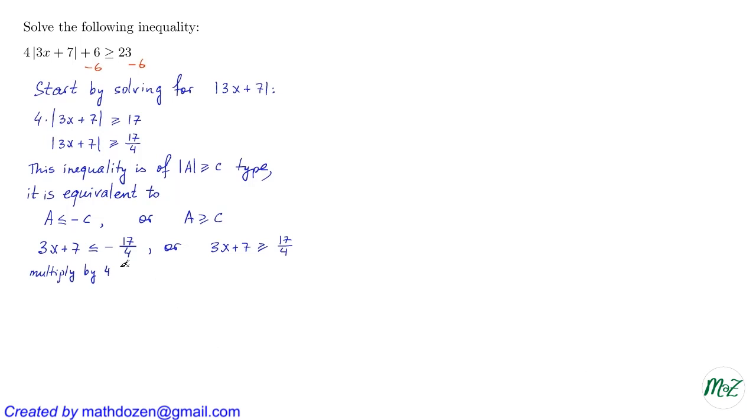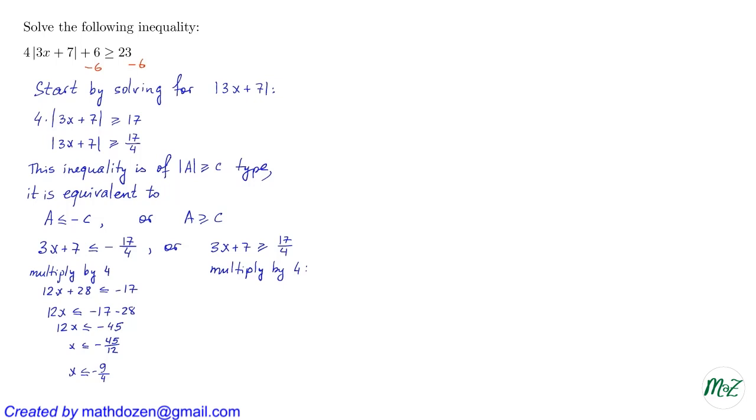We start with the left inequality. We multiply through by 4 and end up with 12x plus 28 being less or equal than negative 17. Then we subtract 28 from both sides, so we end up with 12x less or equal than negative 45. Divided by 12, we have x less or equal than negative 45/12, which reduces to x being less or equal than negative 9 quarters.